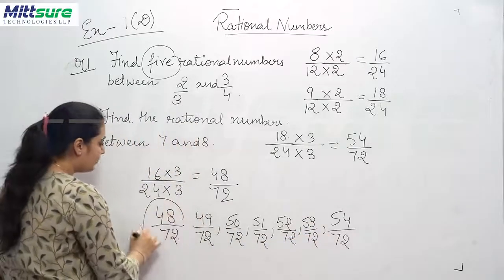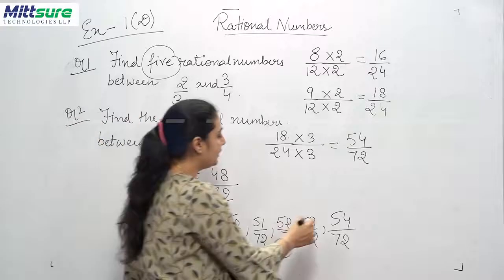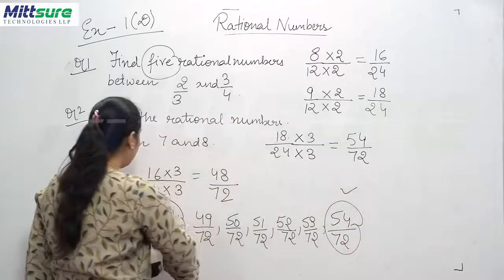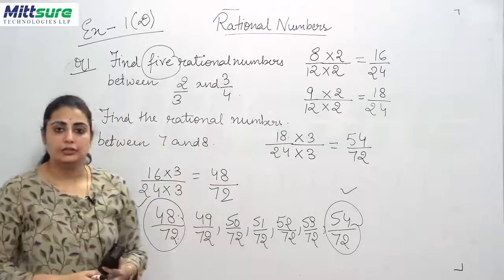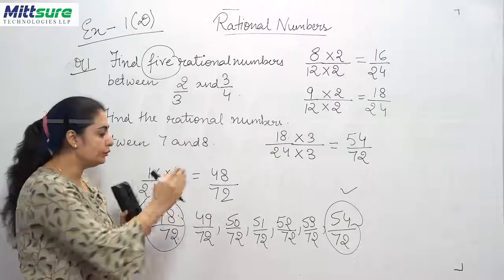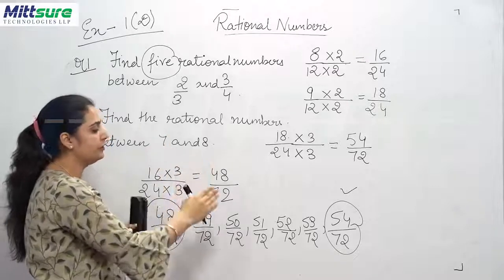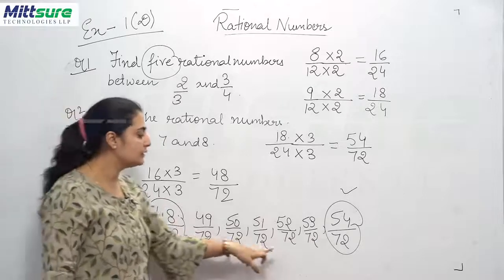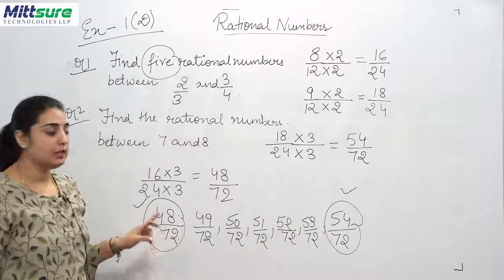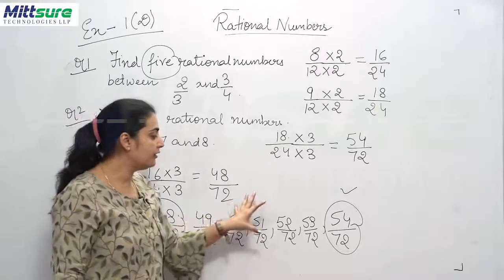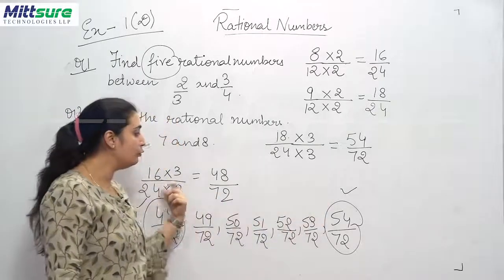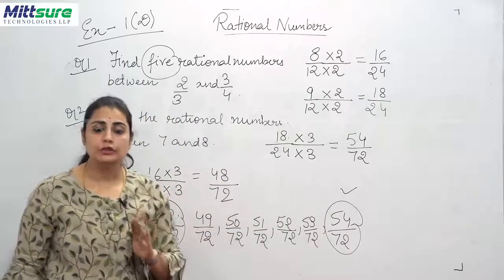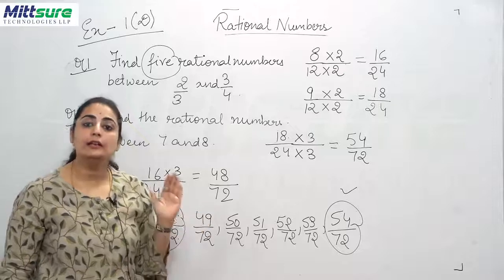Now, whenever you write the numbers between the given rational numbers, you cannot include the numbers which are the limits of the range. Other than those two numbers, you should get 5 different rational numbers in between which you are supposed to find the rational numbers.